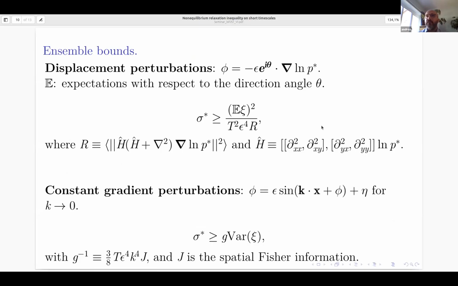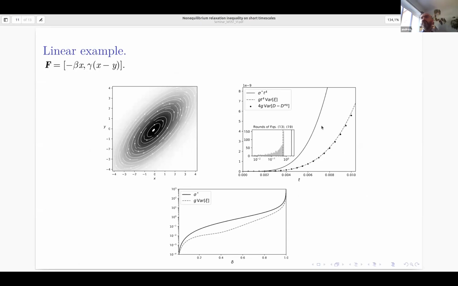In particular, displacement perturbations look like a good candidate for experimental applications, while the second one, constant gradient, is maybe a bit less suited for experiments, but surely is the easiest analytically for us. And now, without going into the details of the math, we can find two refined versions of this non-equilibrium relaxation inequality.